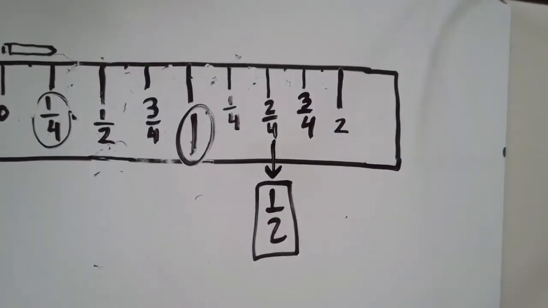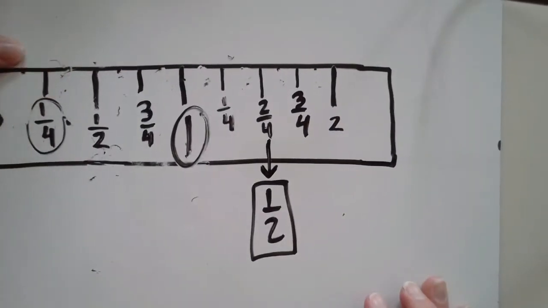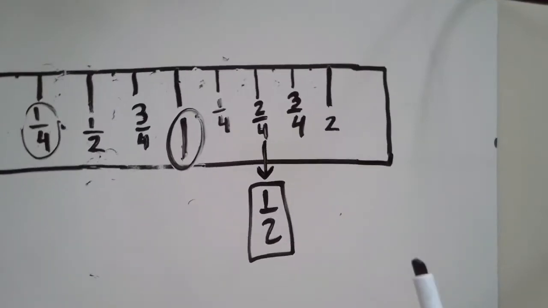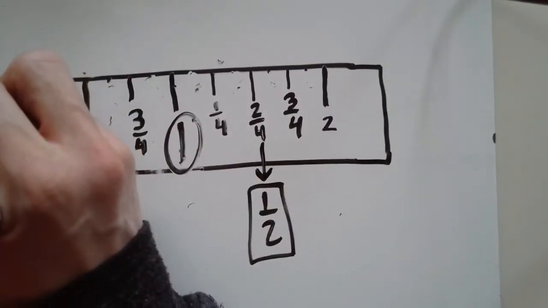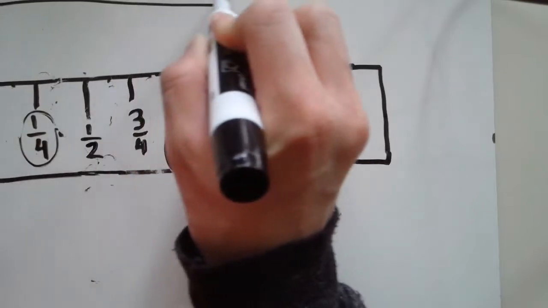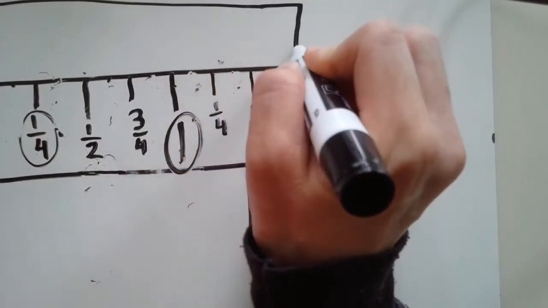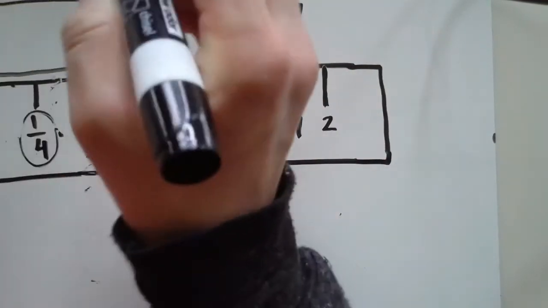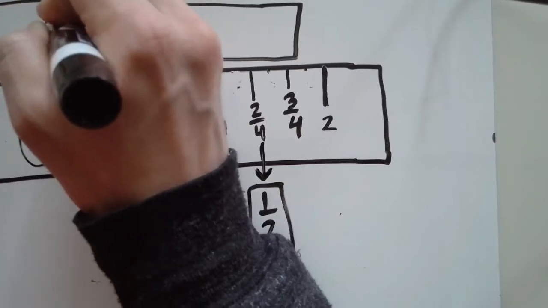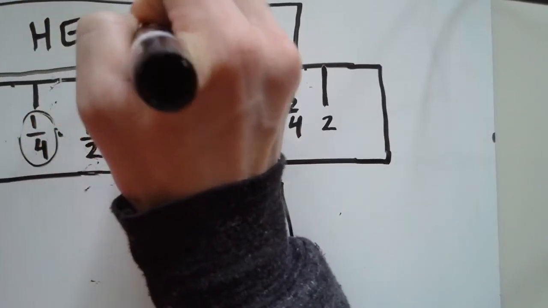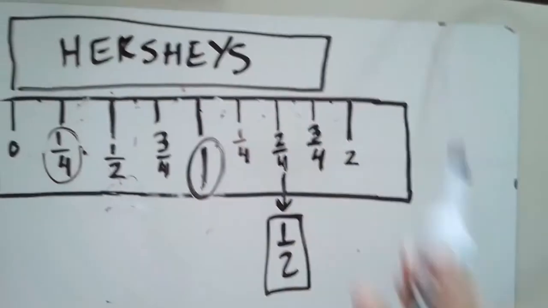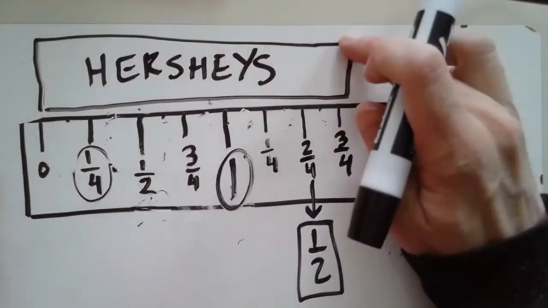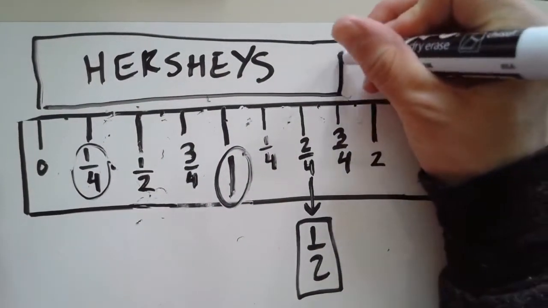Okay, so if I had a candy bar that was this long, okay, I'm going to write Hershey's on it. Okay, and I'm going to make it a little bit more perfect in my length.